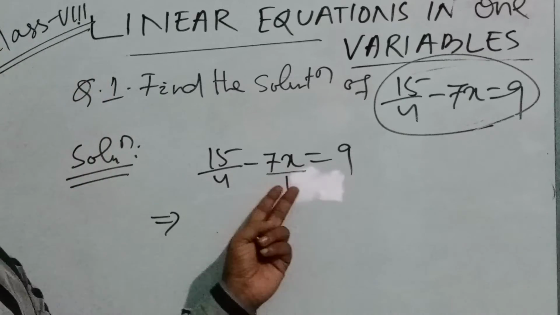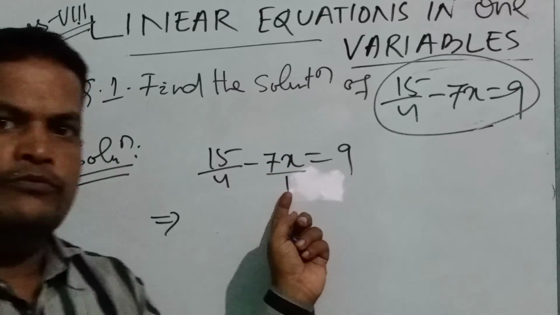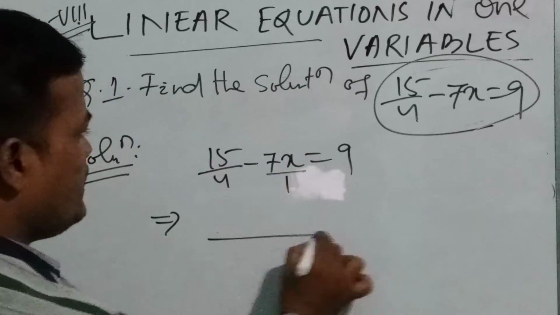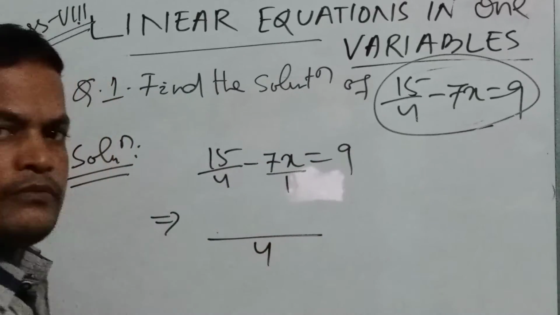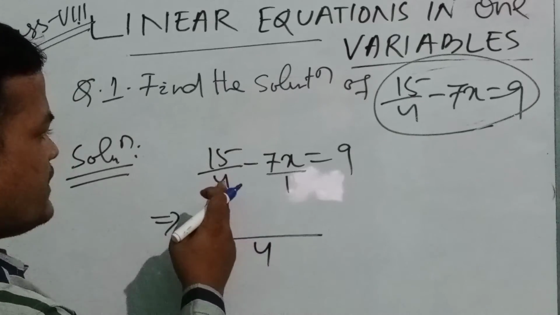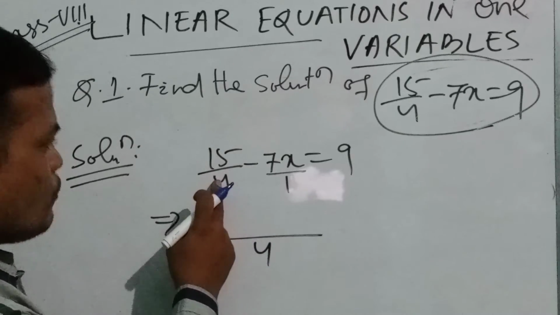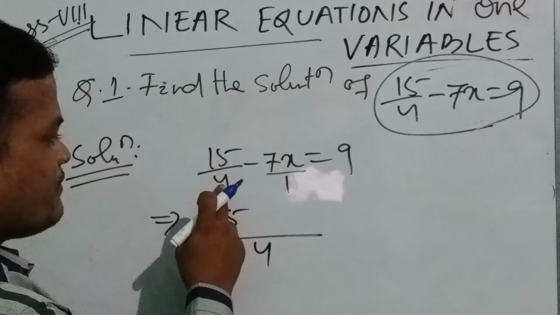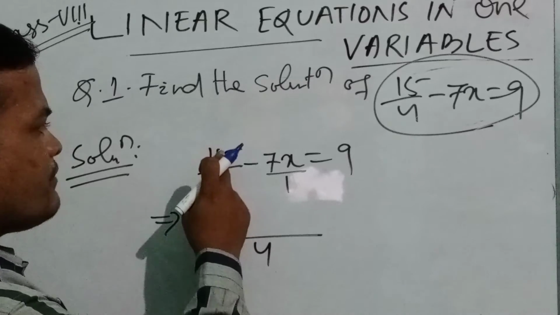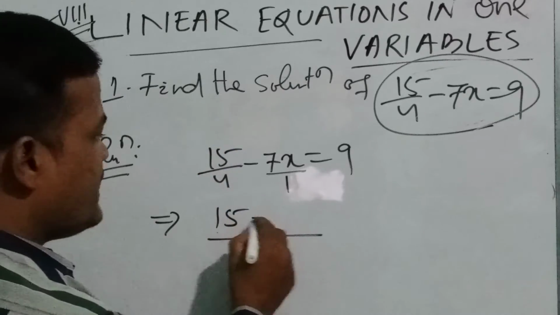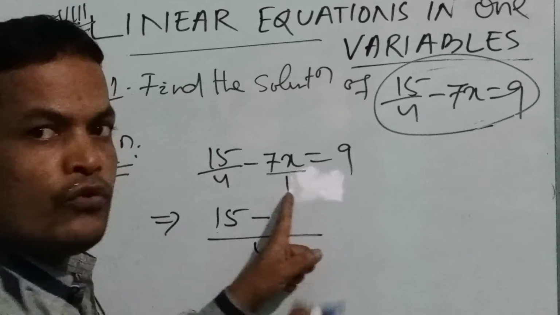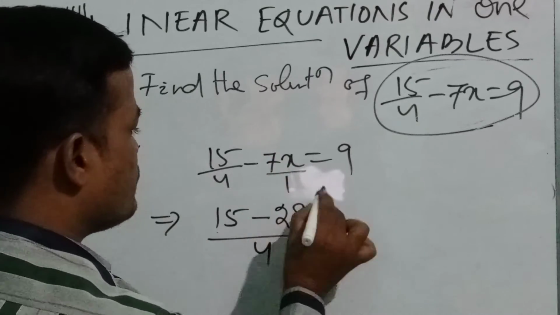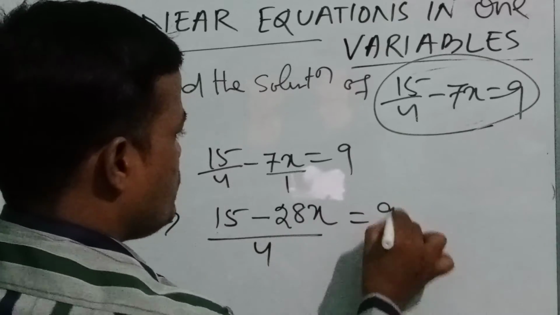So now we put 1: 7x by 1, nothing changes, writing 1 cannot be wrong. So the LCM of 4 and 1 is 4. 4 divided by 4 is 1, multiplied by 15 gives 15. And 4 when divided by 1 and multiplied by 7 gives 28. Now x equal to 9.